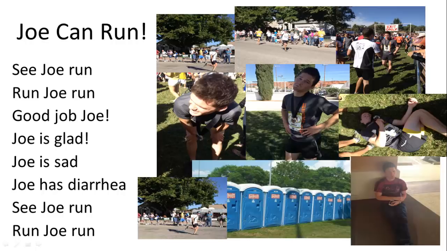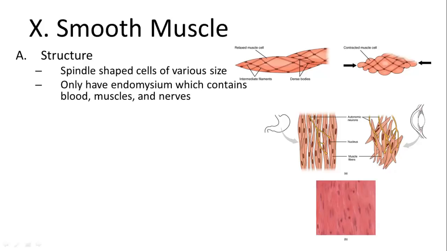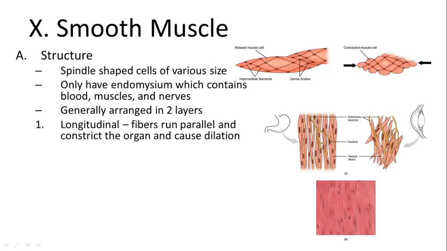All right, we're going to talk a little bit about smooth muscle, although you will cover smooth muscle as well in the digestive system. Its structure is slightly different because the cells are spindle-shaped and of various different sizes. They have an endomysium, which contains blood vessels and nerves, very similar, and they're generally arranged in 2 layers, kind of a crisscrossing pattern. The longitudinal layers run parallel to the organ, and they can cause dilation or increase in the circular organ.